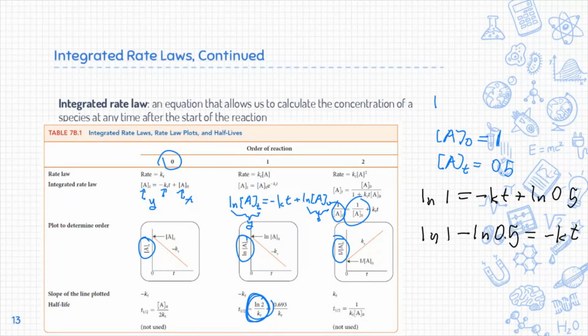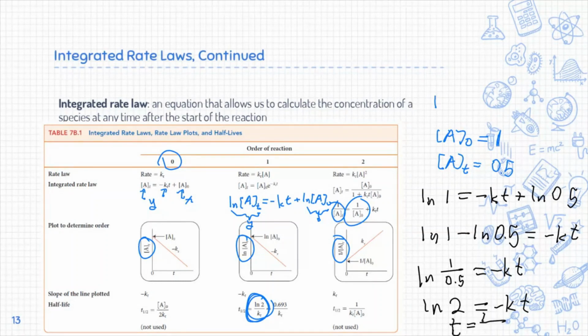Okay. So we know that this is the same thing as this, which is the same thing as ln2 equals negative kt. So t would equal ln2 over k.